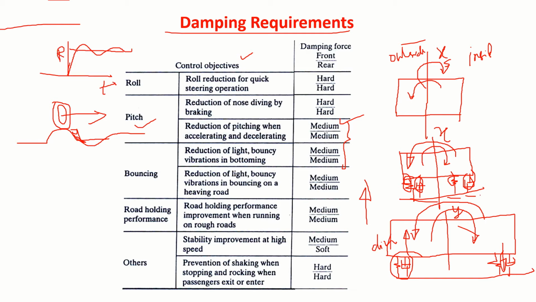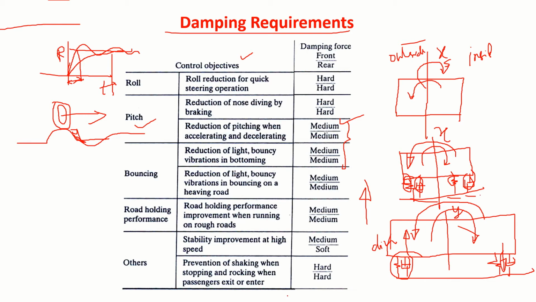Okay, so this time will be shorter. If I make this damping very high, then it may respond like this. Then it is going to be too much time. So road holding will not be there. Then the wheel take too much of time to touch the ground. It will be in the air for some time. So that's why you have to be careful.